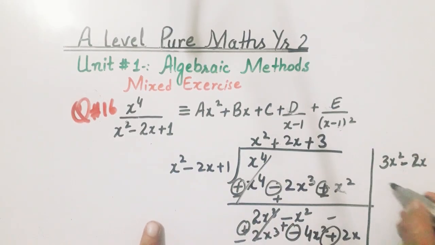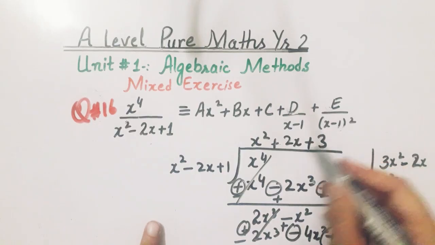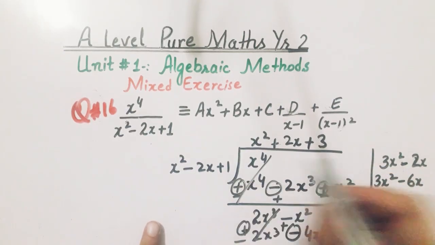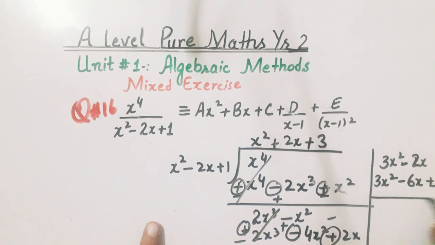So 3 multiplied by x² is 3x², 3 multiplied by minus 2x is minus 6x, and 3 multiplied by 1 is plus 3. Now change the old signs, give the new signs. It will become 6x minus 2x is 4x, minus 3.